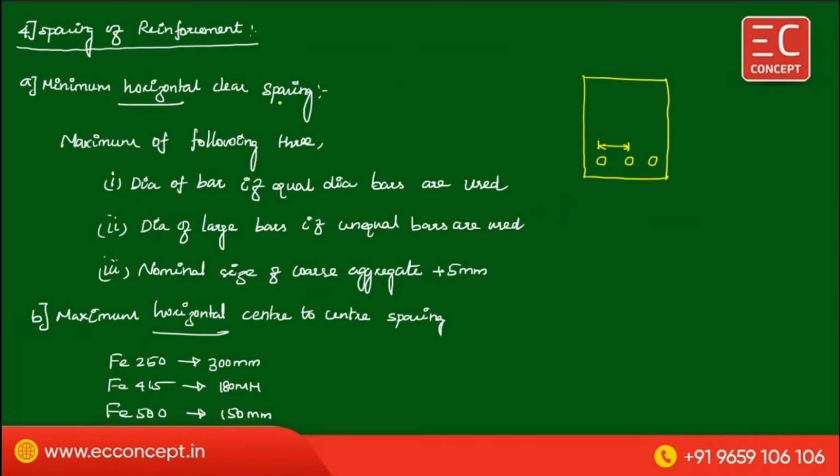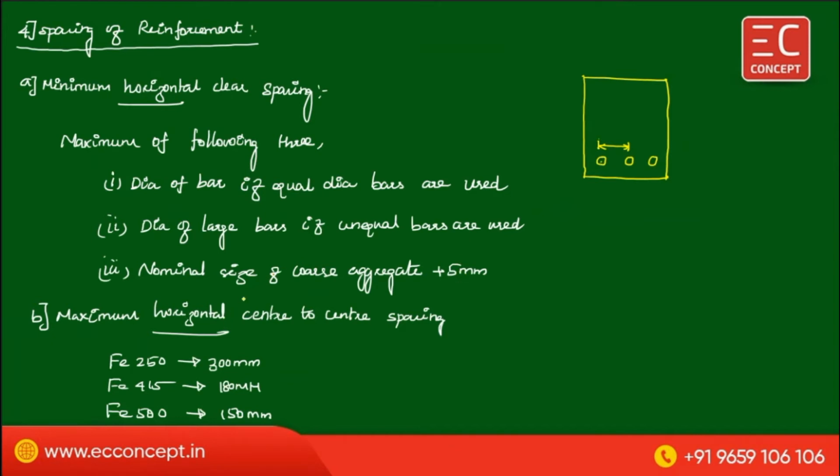The minimum horizontal spacing is the maximum of the following: diameter of bar if equal diameter bars are used; diameter of the largest bar if unequal bars are used; the nominal size of coarse aggregate plus 5 mm.